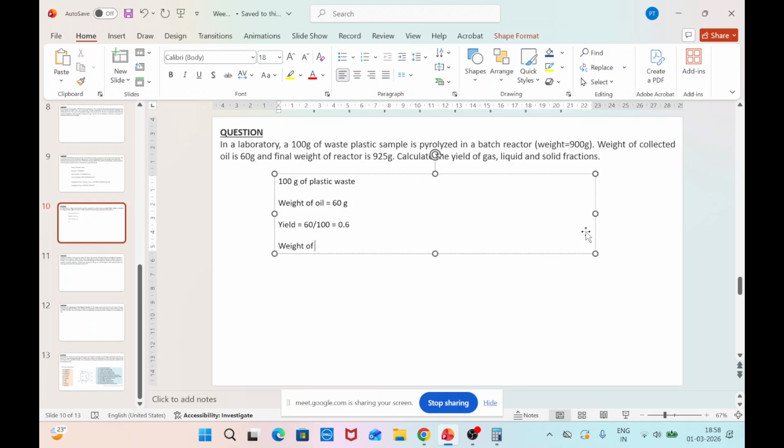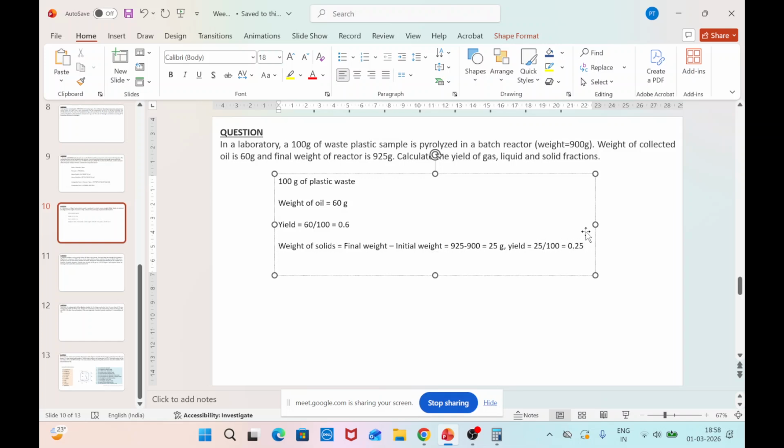So weight of solids is final weight minus initial weight, 925 minus 900, so that would be 25. 25 grams of solid is generated in the process. So its yield will be 25 by 100, that is 0.25.